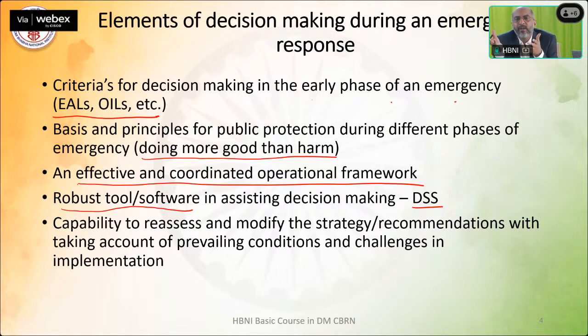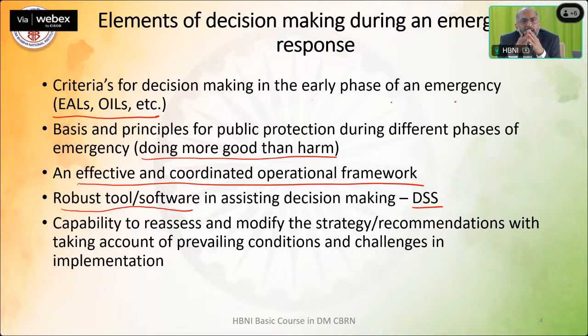Weather prediction is one thing and the actual conditions are different. So you have to have a strategy and tools that can factor in the actual prevailing conditions, and then modify any recommendations, modify any approach in protection that is necessary. That capability is very, very essential, and that will also be assisted by tools.